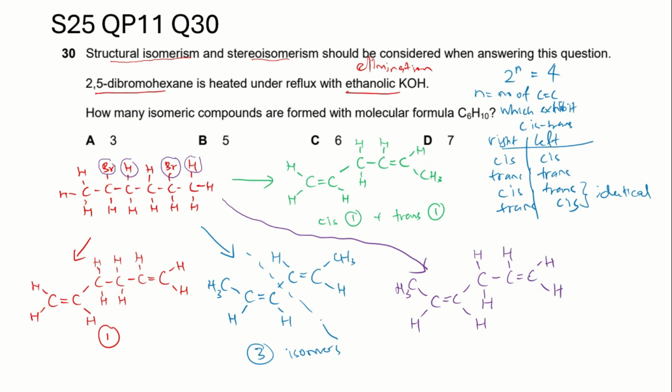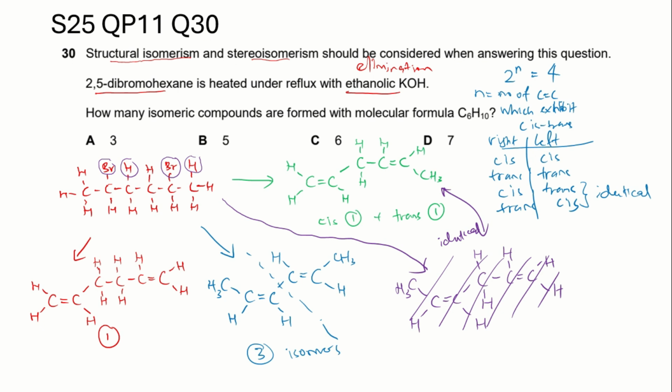This is the structure of the fourth type of product. But if you look carefully, it is actually the same as our product number 2. So these two products are identical. Since they are identical, I can scrap this off so that we don't get confused.